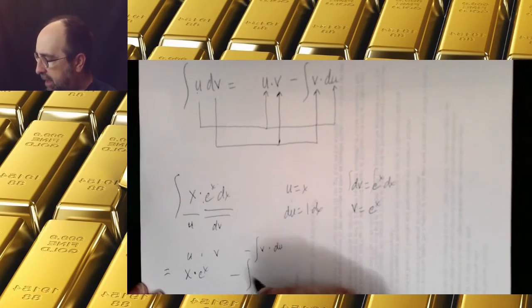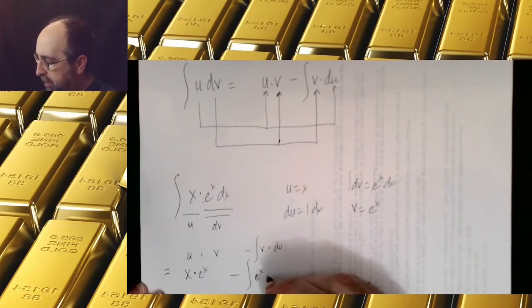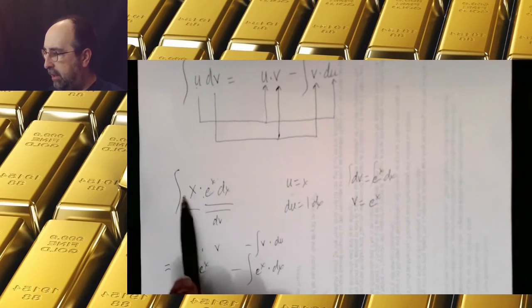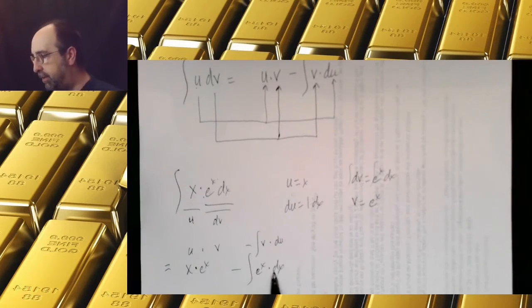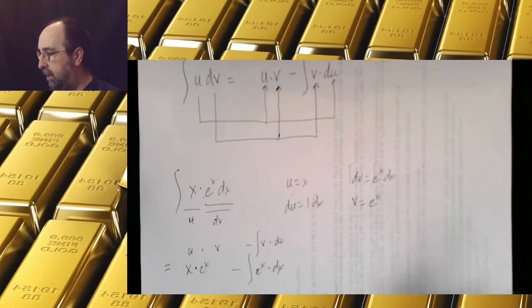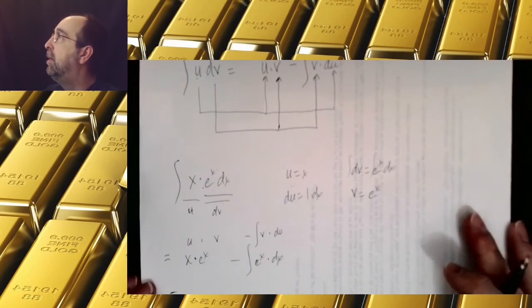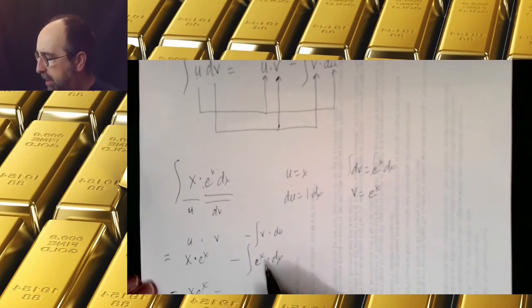Now v is e to the x, and the du turns out to be 1 dx, or just dx. So what's happened is I had an integral to work out here, and I've got part of an answer minus another integral. But it turns out that we know how to do the integral of e to the x. So what we end up with is x e to the x minus, and the antiderivative of e to the x is e to the x, and then plus c.